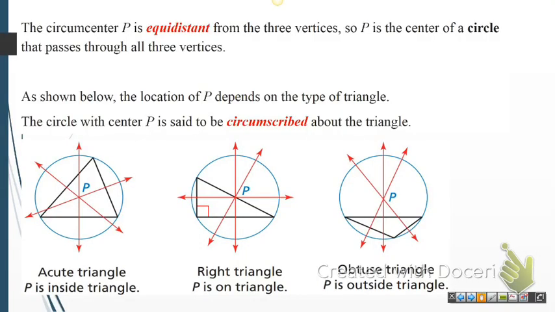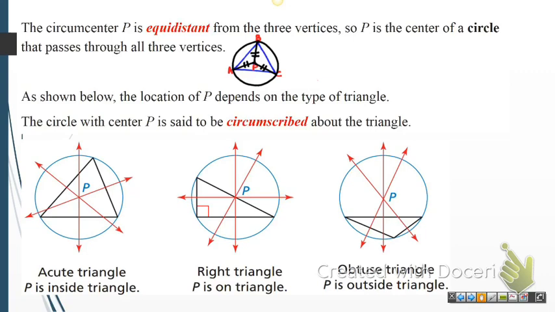So let's take a look at what we know about the circumcenter. The circumcenter P is equidistant from the three vertices. So P, the circumcenter, is the center of a circle that passes through all these vertices.